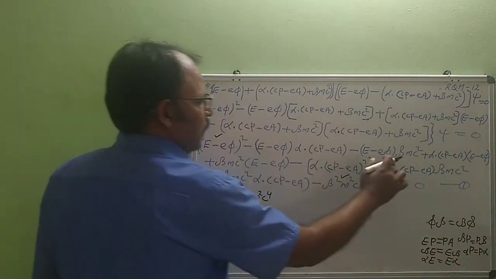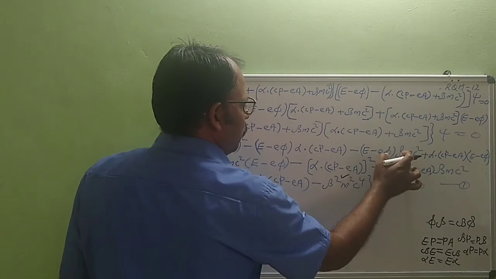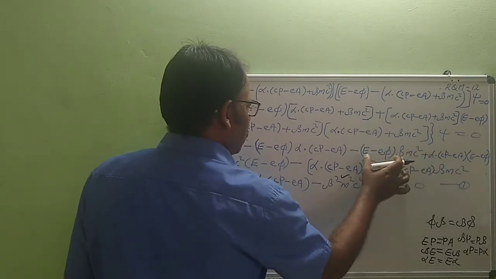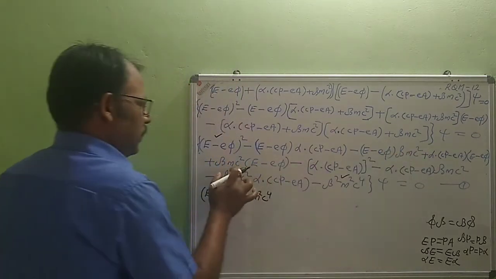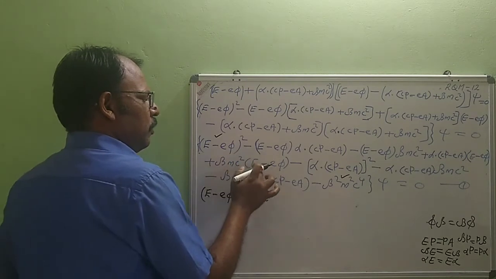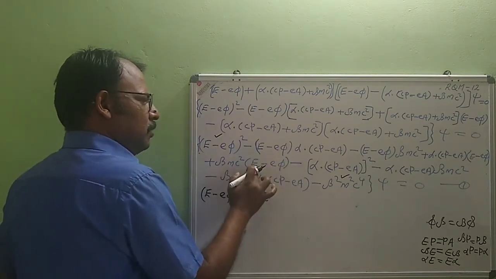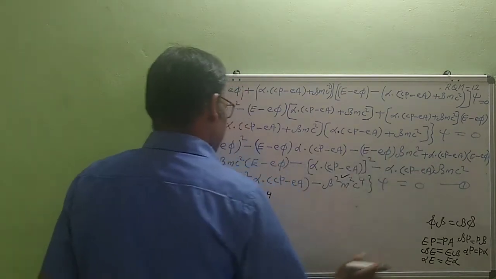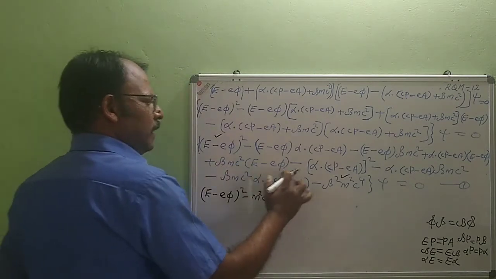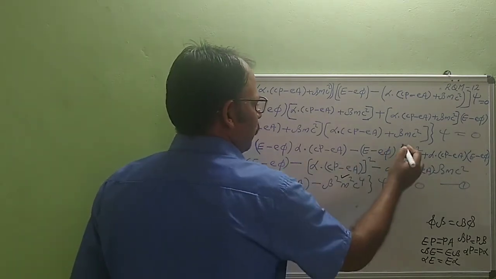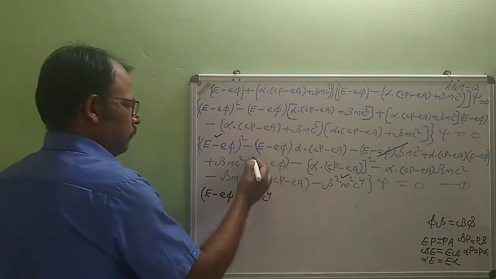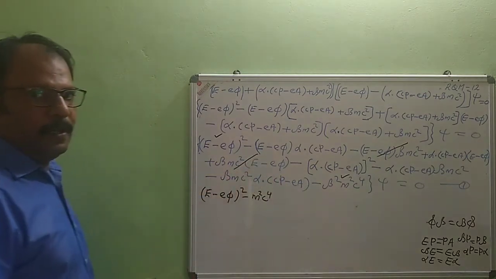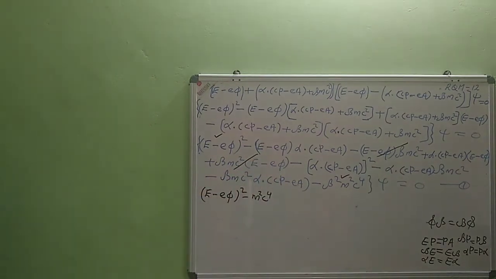So this term is (E minus E phi) into beta, m c square is constant. Here it is beta m c square into (E minus E phi). So beta into E is the same as E into beta. Beta into phi is the same as phi into beta. So we can cancel these two terms. These two terms will get cancelled with each other.